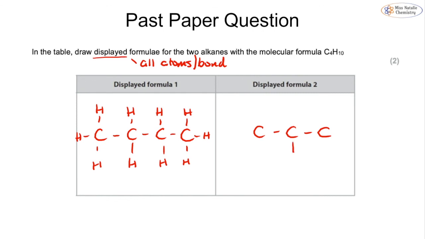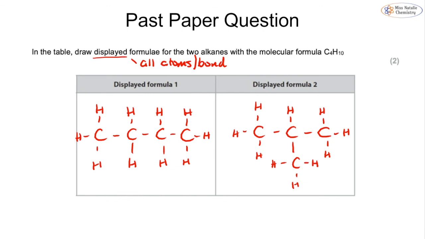So it has to go in the centre here, and it doesn't matter if it goes at the top or the bottom, it is the same molecule. And then we just again add in all of our hydrogens until every single carbon has 4 bonds. And there we have 2 molecules that are both C4H10 but they have different displayed formulas.